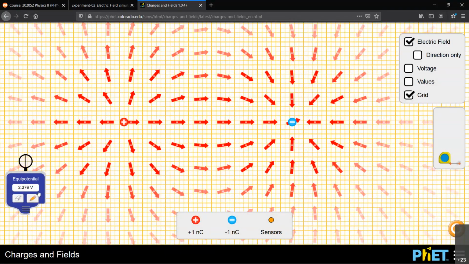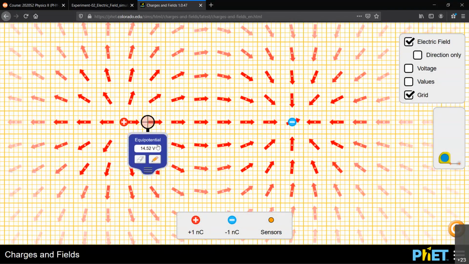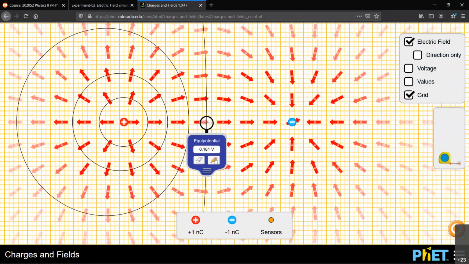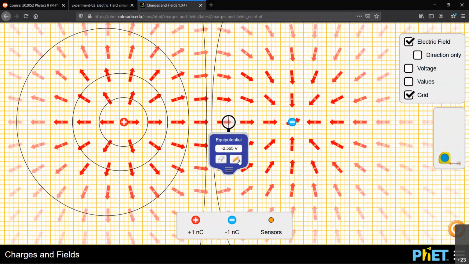Let's take a look at how the equipotential looks around the dipole charge. As I go in between, you can see the circular lines become more elongated towards the midpoint, and around the midpoint the equipotential line becomes almost linear, and then it starts bending to the other side, right?